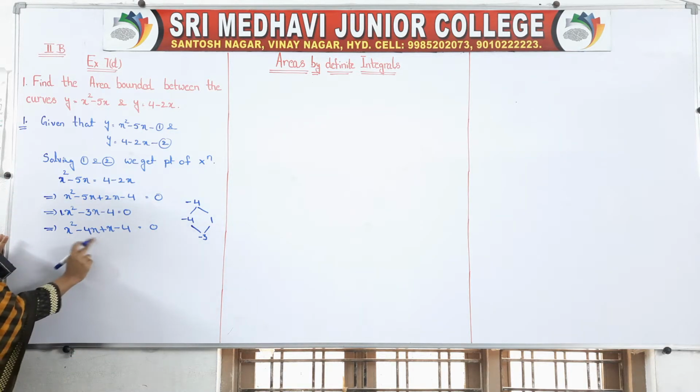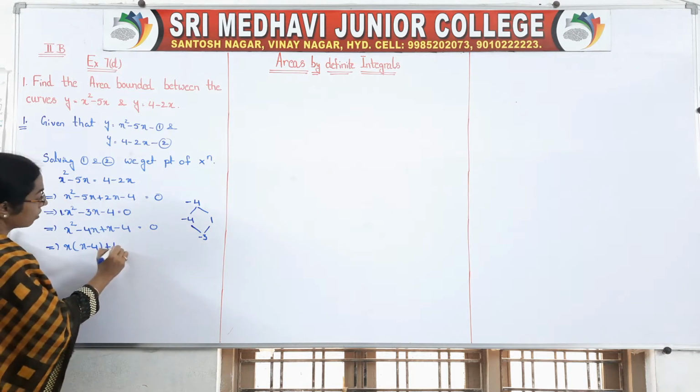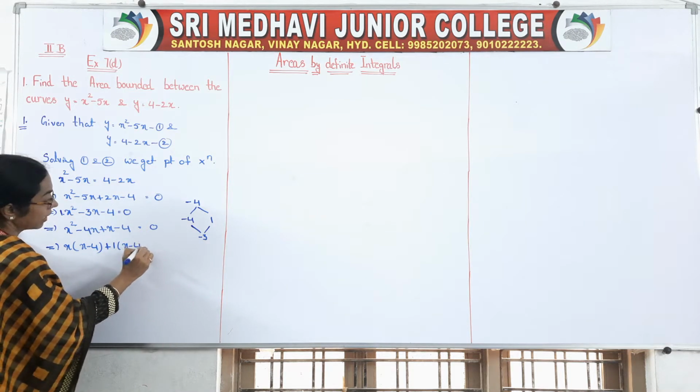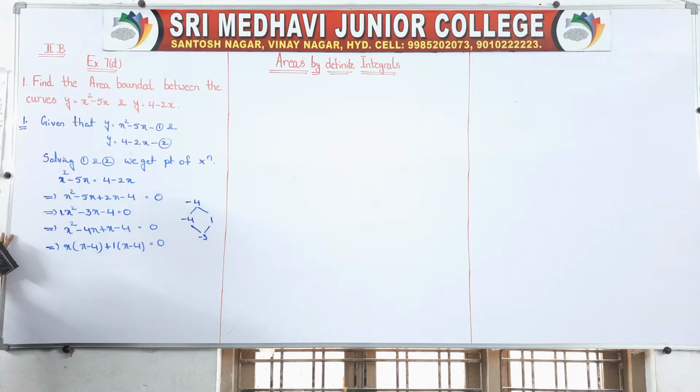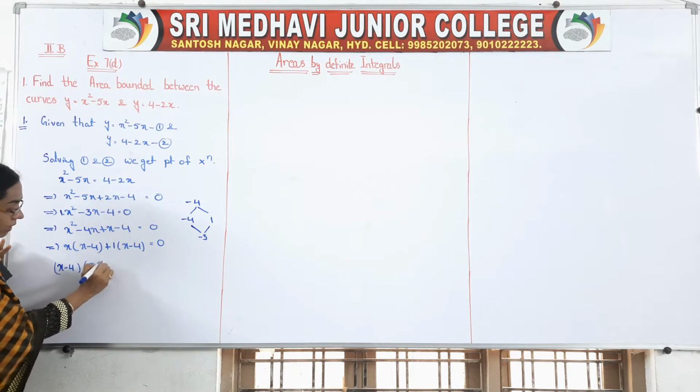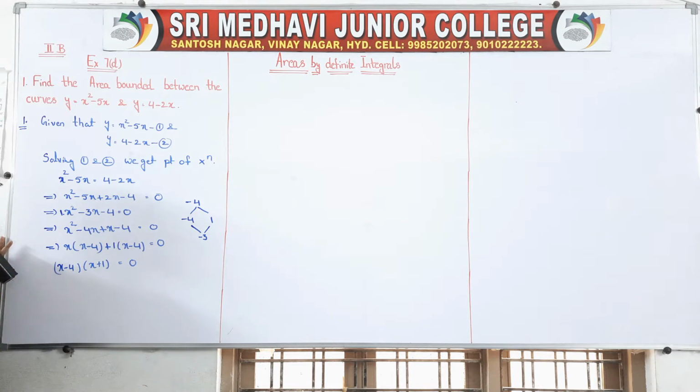From this you take x outside, so it is x minus 4. Next you take 1 outside, it is x minus 4 is equal to 0. Both have x minus 4 as common, right? So x plus 1 is equal to 0.